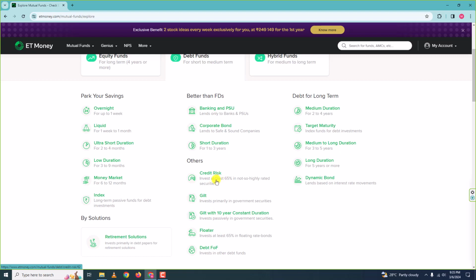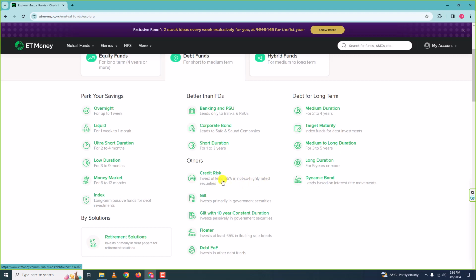Next we have credit risk. Here the mutual funds invest in bonds which do not have very good credit ratings. In the previous video, we talked about ratings, correct? I told you that AAA was the safest one. And I also told you that as we go down, the risk increases because the credit ratings are not so good. So here, the mutual fund invests at least 65% in not so highly rated bonds.